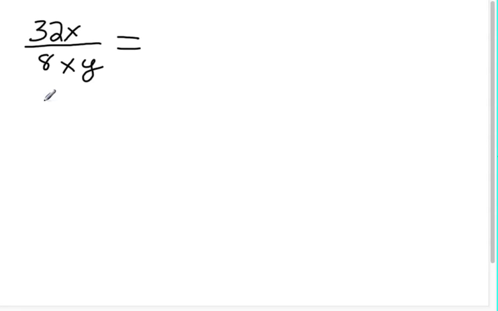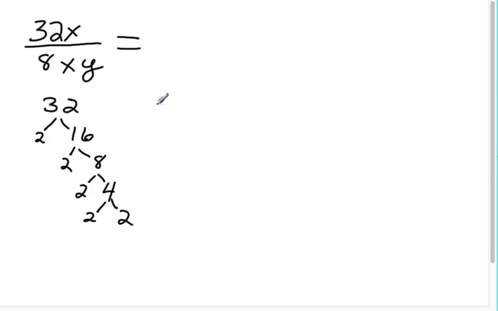You may or may not know that 32 is 2 times itself 5 times. So if you wanted to factor it, you could. I happen to know that 32 equals 2 to the 5th power, but let's just make sure. 32 divided by 2 is 16, then 8, then 4, then 2 and 2.